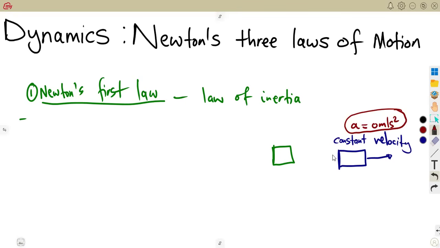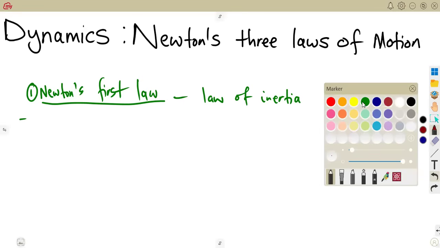If there is no unbalanced force, guys, these objects will remain as they are. This one will continue to move at constant speed or constant velocity. This one will remain at rest unless something pushes or pulls. Then there is an action there, a movement which is considered. So that is the condition that we're going to have.